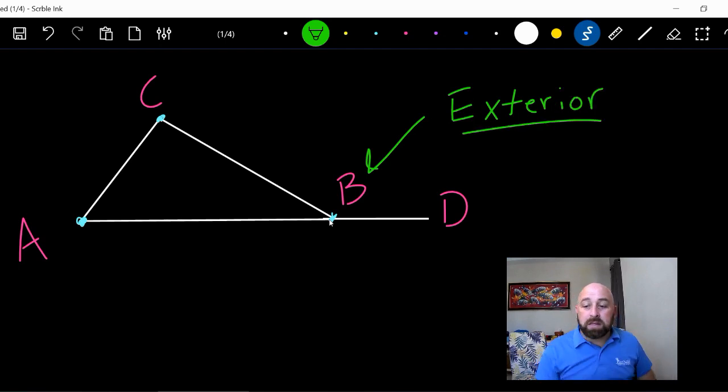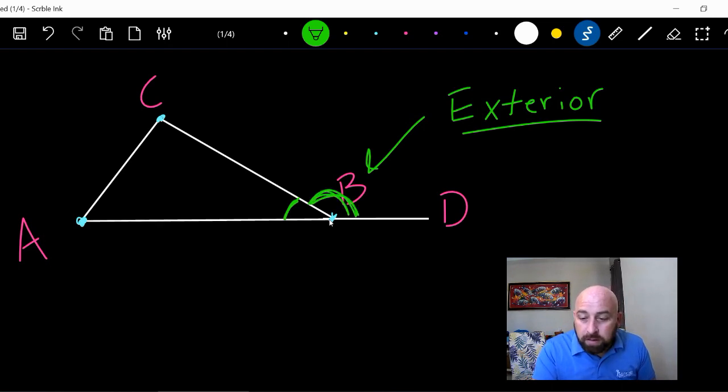That one can be interior if it's talking about the inside, or exterior if it's talking about the outside. Notice something there. The exterior of that is an obtuse angle. The interior of that is an acute angle.